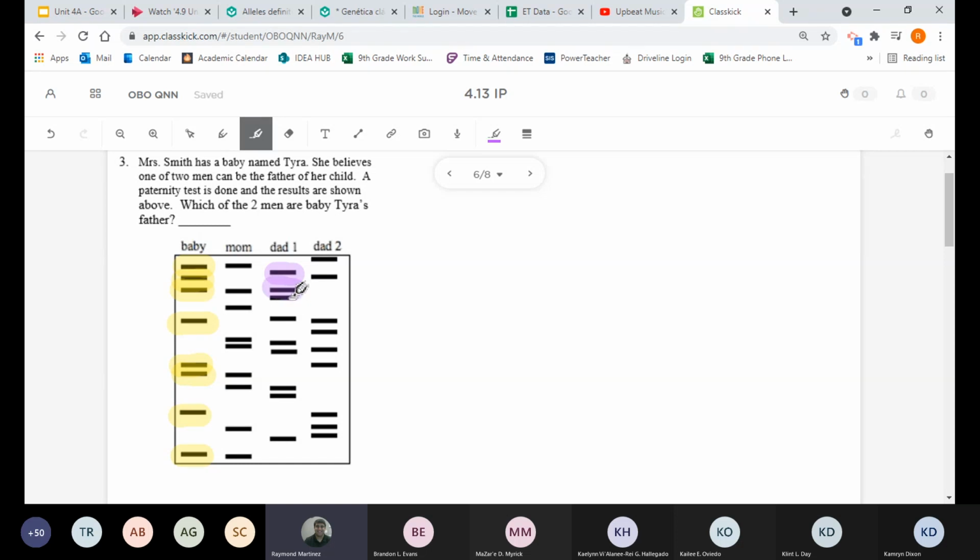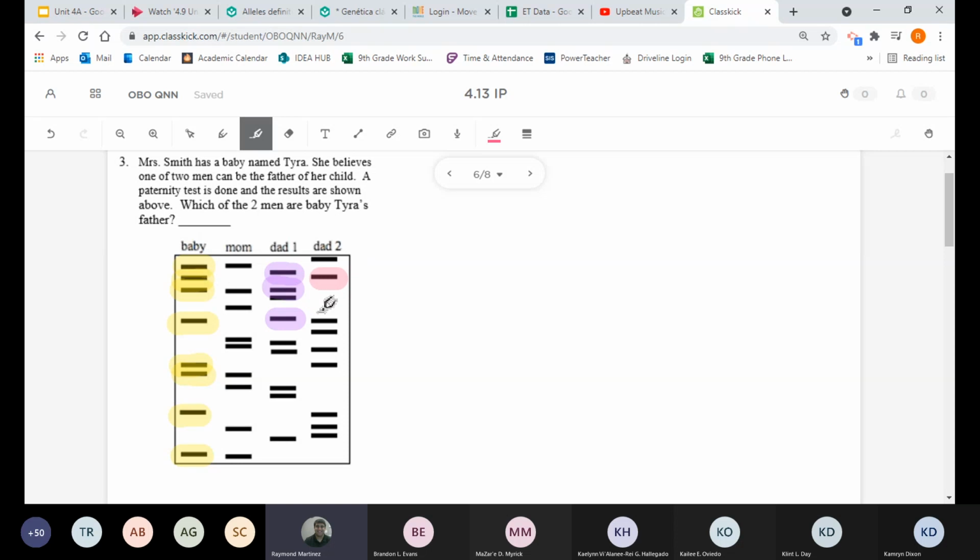So that one seems like it might be a match to this one. This one seems like it might be a match for this one. You go down, not that one, not that one, not that one. Okay, so the only ones that are in contention for dad 1 are going to be those. Let's move to dad 2. We'll use pink. So not this one. This one could be, right?